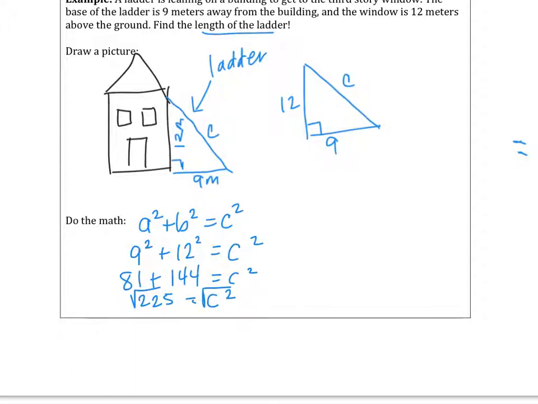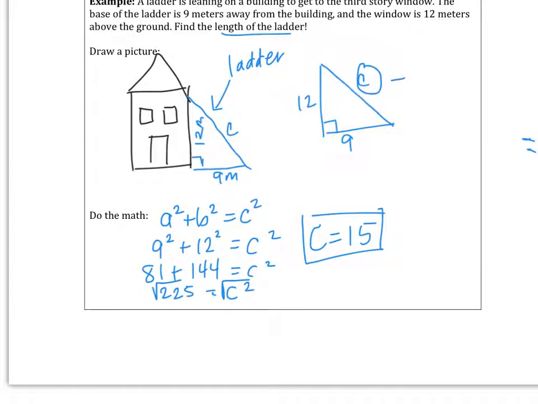And the square root of 225 is going to be 15. Square root of C squared is C. So it is C equals 15. So that means the length of the ladder is 15 meters.